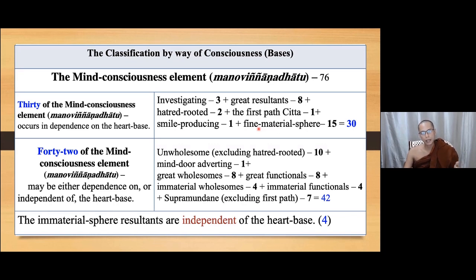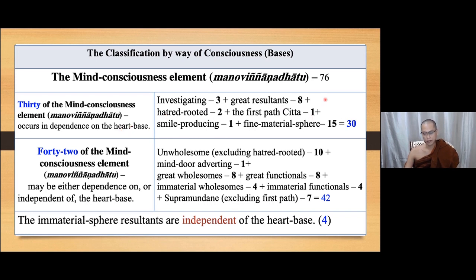That's why they cannot arise in the immaterial plane of existence. So the hatred-rooted consciousness cannot arise in the immaterial sphere. They arise only in the sense sphere plane of existence. That's why they always arise depending on the heart base.